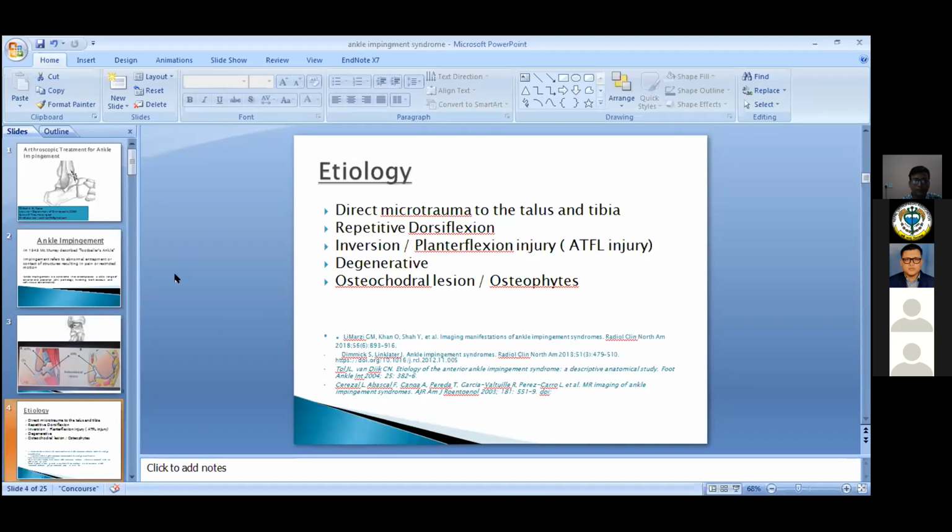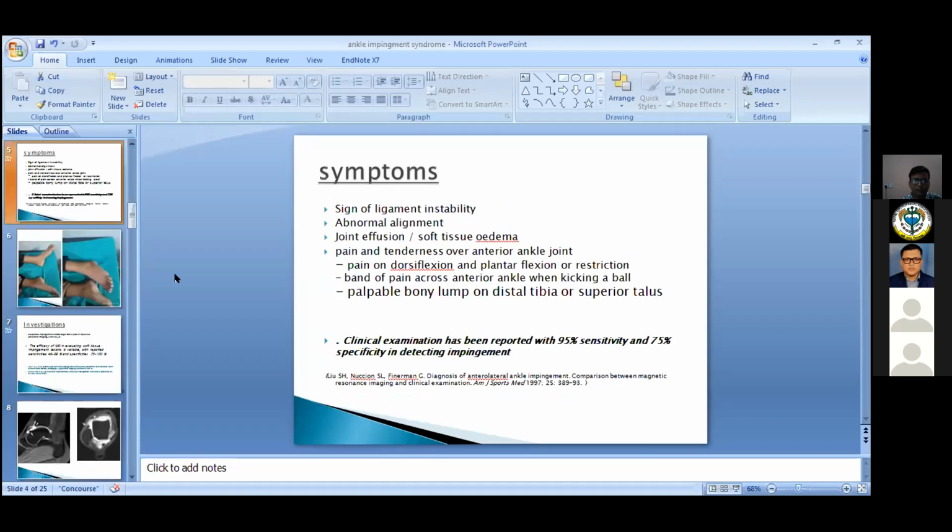Most of the time we see synovitis, and post-traumatic lesions can also be found at the articular margin. Osteophytes are most commonly seen in patients who are very physically active or involved in sports, especially football players and jumpers.